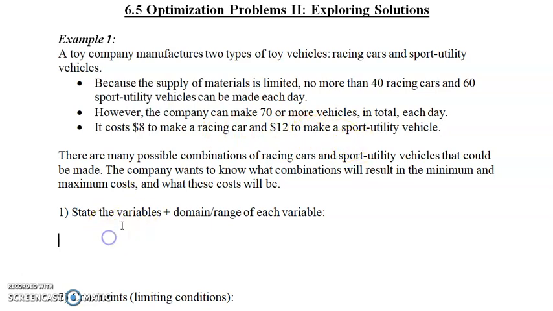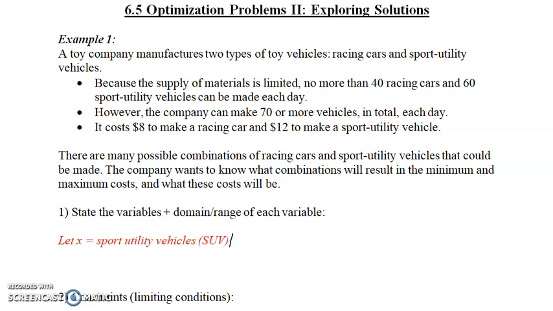So let's answer these step by step. It states the variables. Again, it doesn't matter the order. So I'm going to let X equal the sport utility vehicles. I'm just mixing this up this time, putting this first one as X and the second one as Y, actually showing that it doesn't make a difference.